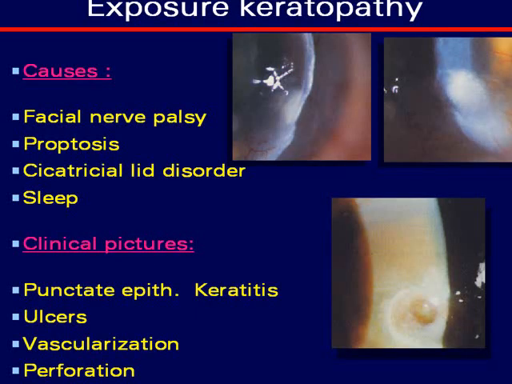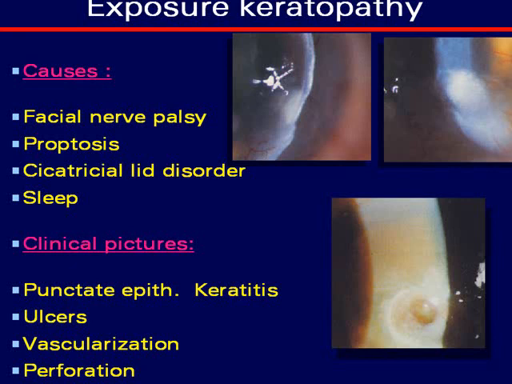Now another type of keratopathy is named exposure keratopathy. In exposure keratopathy, there is excessive exposure of the cornea, and there are some reasons for this exposure, especially facial nerve palsy. People with facial nerve palsy will have lagophthalmos and overexposure of the cornea.